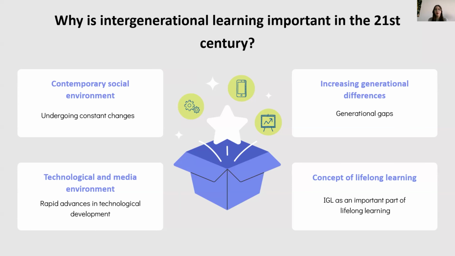These dynamic environments continuously evolve, resulting in substantial generational gaps, which are amplified by widespread access to information. Therefore, it is not surprising that the importance, role, and types of IGL are being increasingly promoted and researched within the framework of lifelong learning.